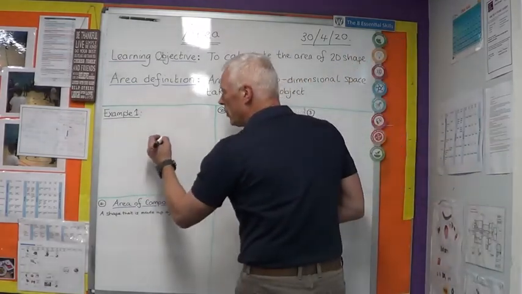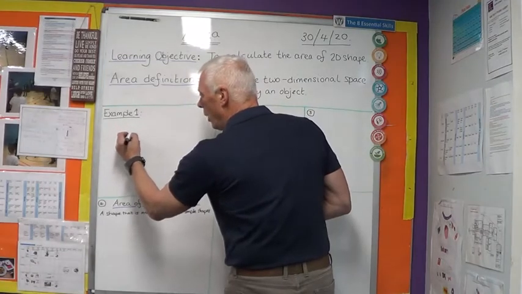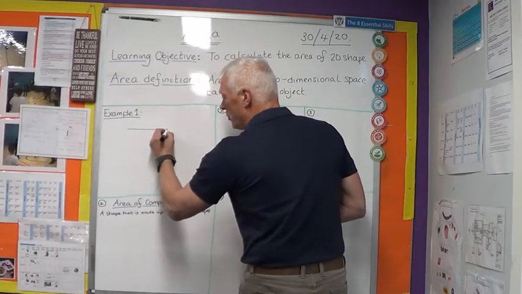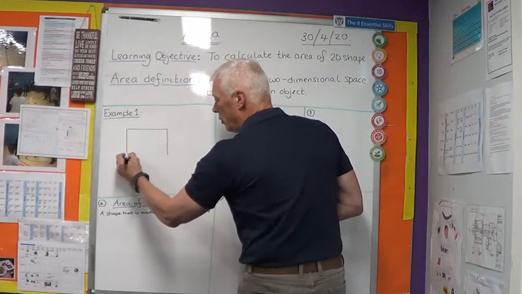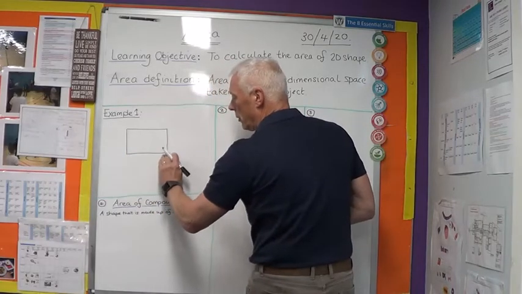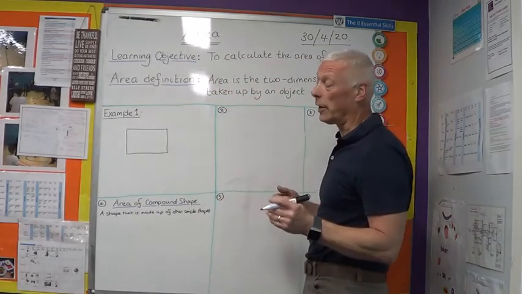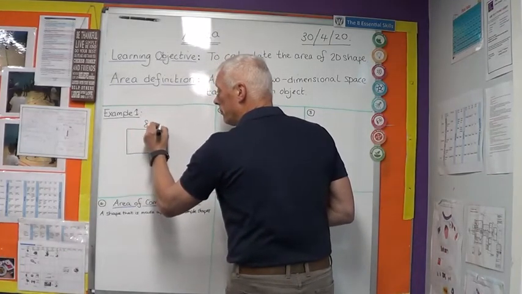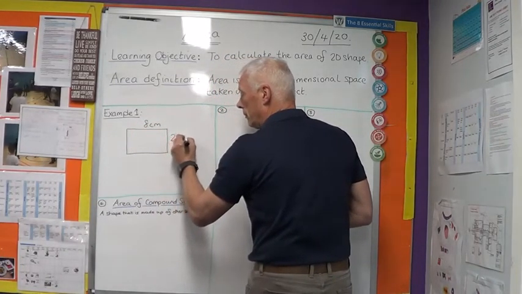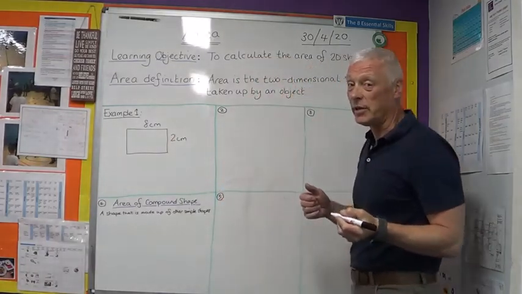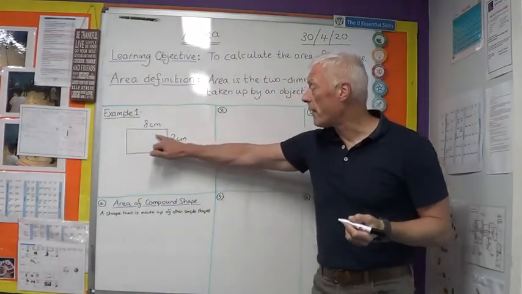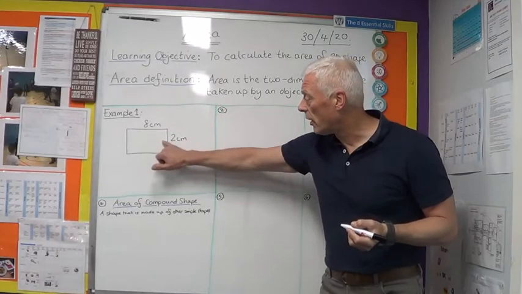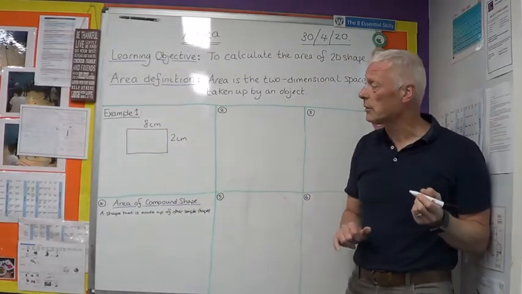First of all, example 1. If I was to give you a 2D shape, a rectangle, with some measurements in centimetres. So the length is 8 centimetres and the width is 2 centimetres.